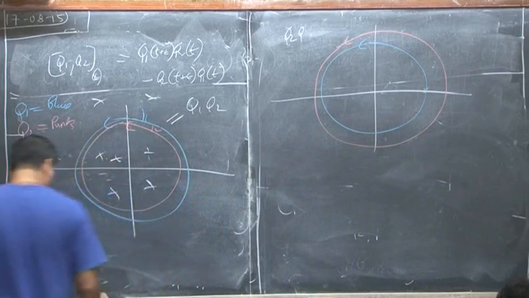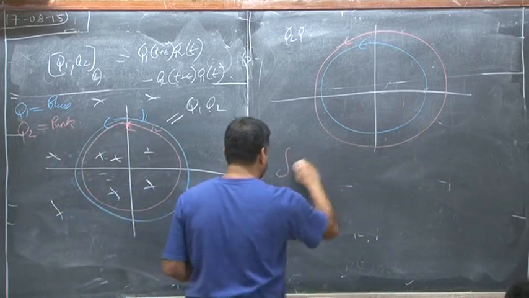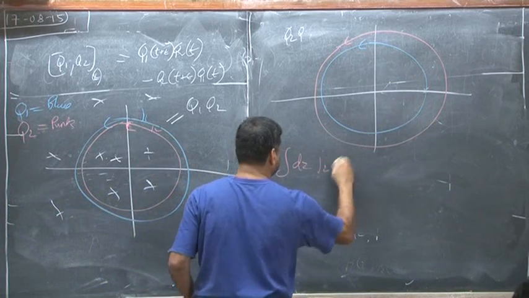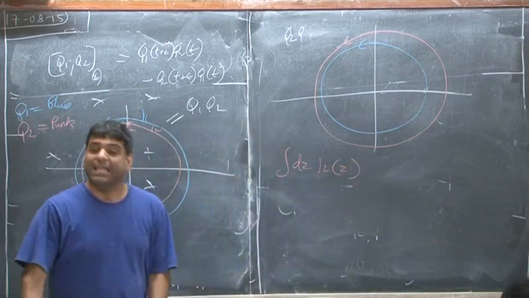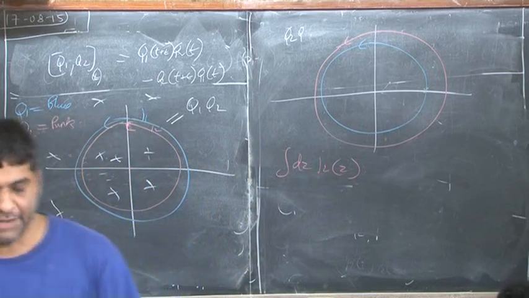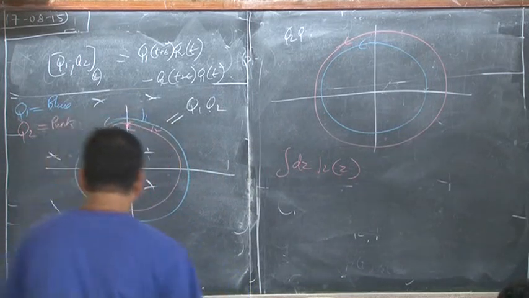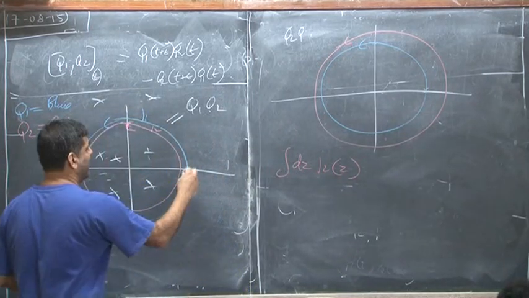Now, what's happening on the red? What we're doing there is the integral of dz. Let me do the red integral last. I'll first do the integral over blue, and then do the integral over red.